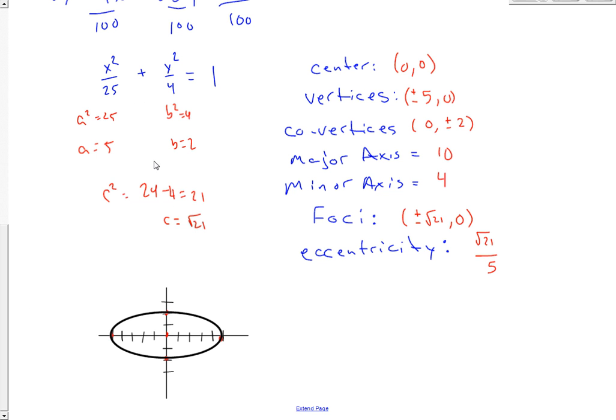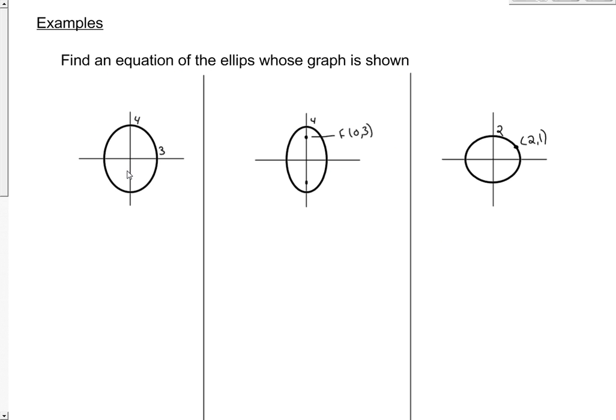Okay, let's look at these examples. We need to find an equation of the ellipse whose graph is shown. So what we need to be able to write an equation is A and B, and we need H and K. That's what we need to be able to write an equation.